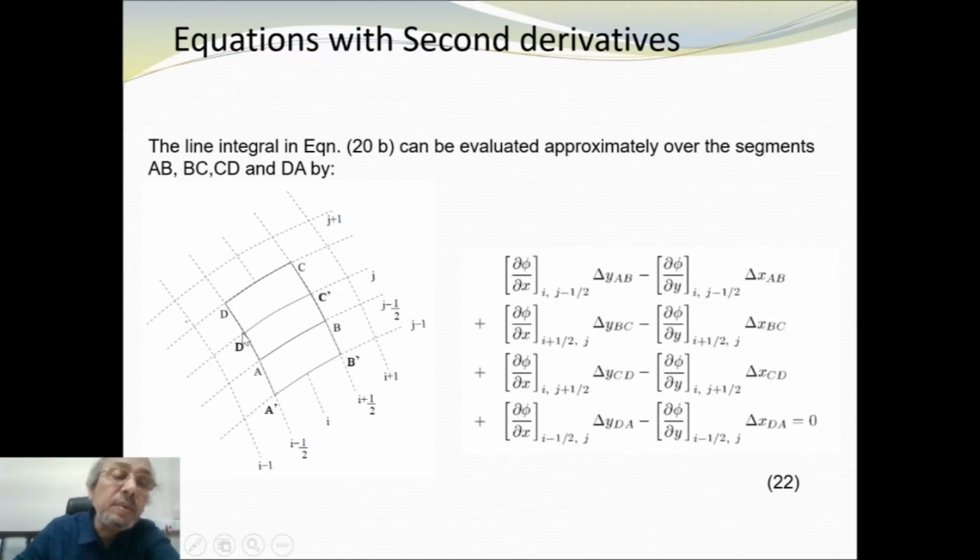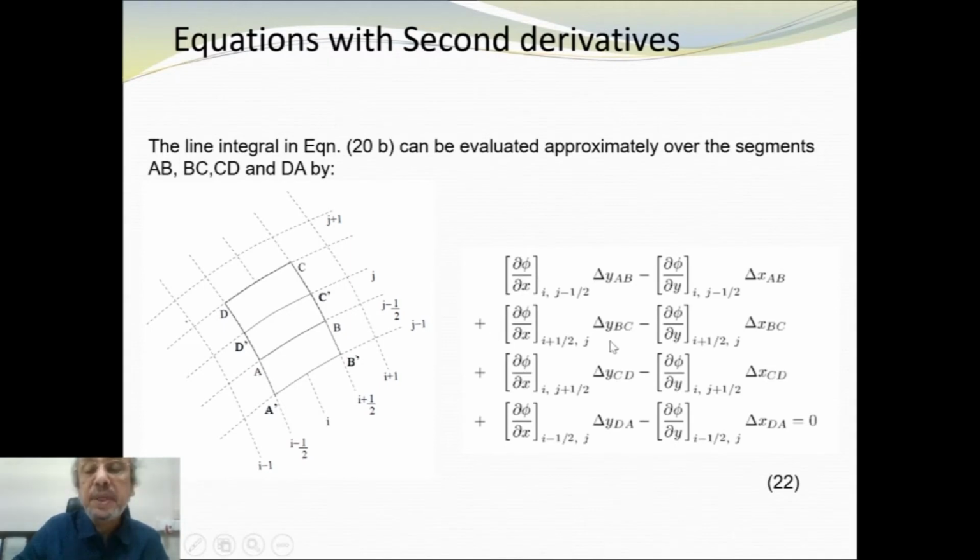Del phi del x will be multiplied by delta y, the vertical distance between points A and D, so delta y DA, and del phi del y at i minus half, j into delta x DA, the horizontal distance between points D and A.